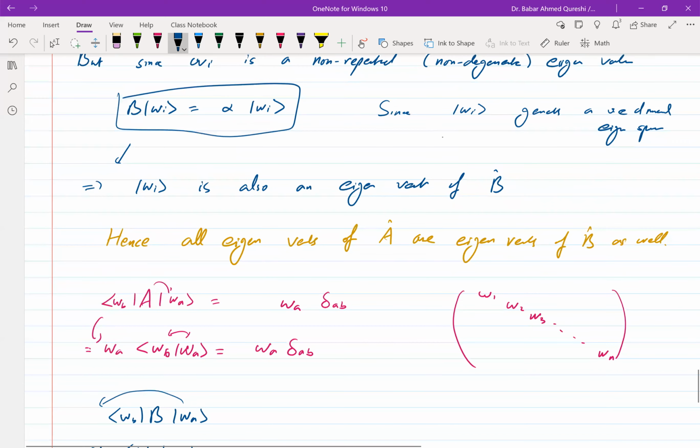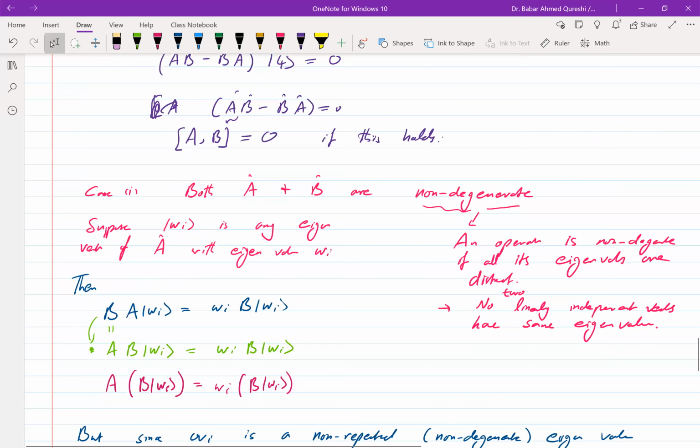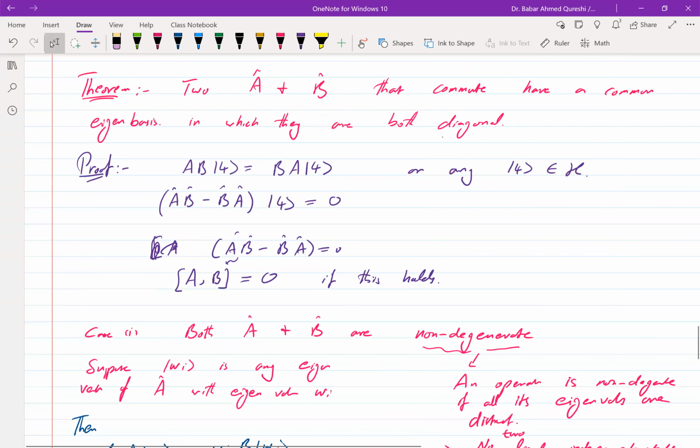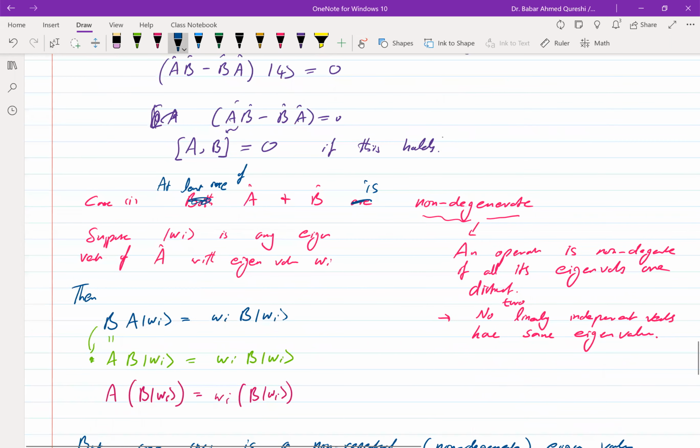Case one: both A and B are non-degenerate. Both don't have to be. At least one of them is non-degenerate. So whichever is the non-degenerate, you pick its basis.